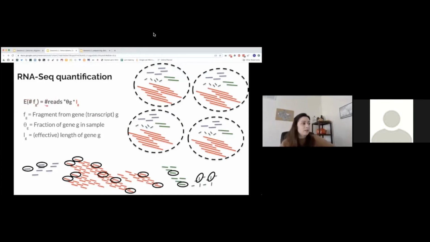It is a result, so the number of reads you capture will be influenced by the actual expression level of that transcript and the fraction of your gene in the sample. And it will also be directly proportional to the length of that fragment. So if you have a longer fragment, you're going to get more reads, and also if you have transcripts that are more abundant. And this is the quantity that we're after. We want the expected number of fragments that we actually had in the sample to begin with.